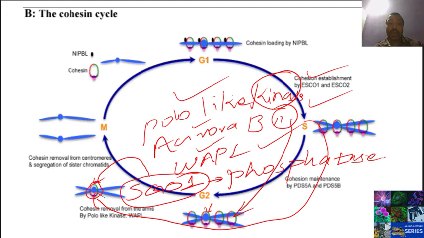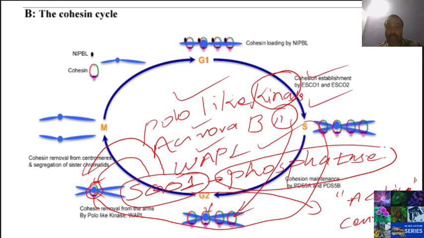Even though they phosphorylate the cohesin protein at the centromere region, SGO1 will remove that phosphate immediately from the cohesin molecule. So this will keep cohesin in active form, not inactive. Cohesin will be in active form at the centromeric region with the help of SGO1 protein, due to its phosphatase activity.